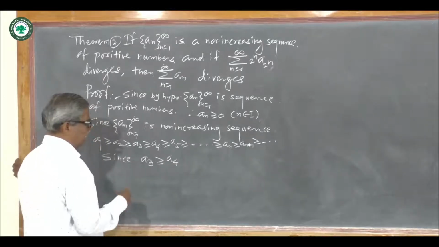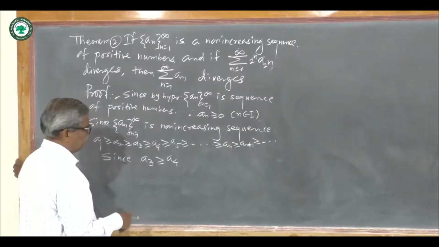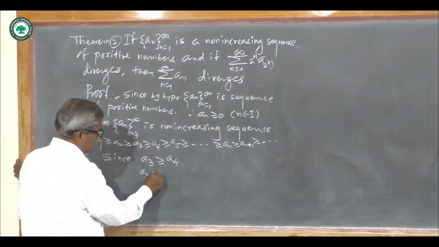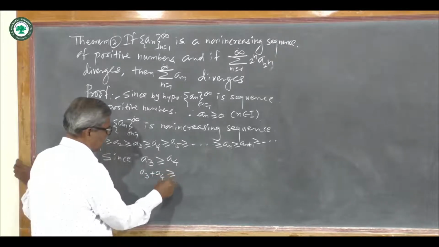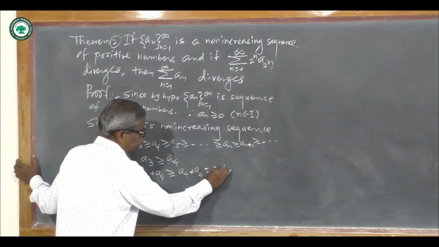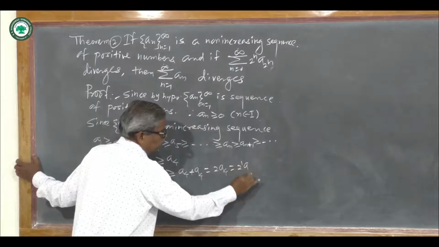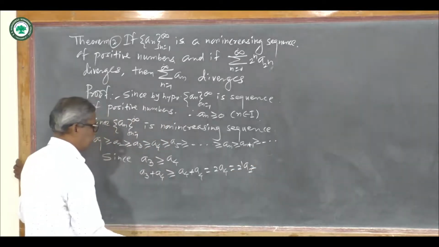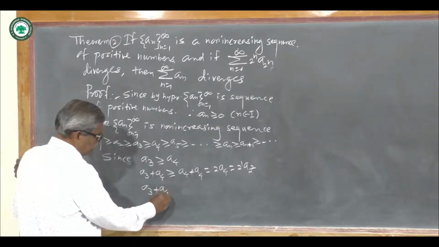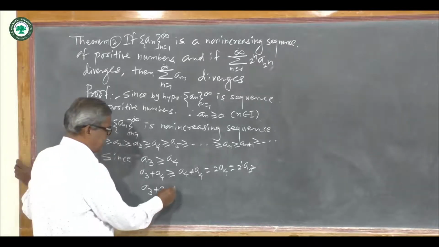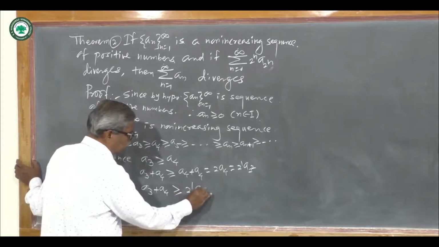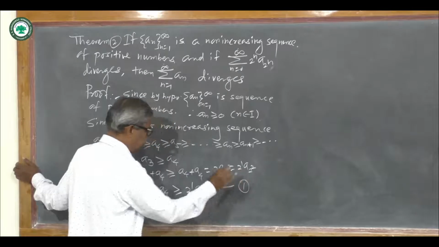Adding a4 on both sides, we obtain a3 plus a4 is greater than or equal to a4 plus a4, which is equal to 2a4, which is equal to 2 raised to 1 into a_(2 raised to 2). So a3 plus a4 is greater than or equal to 2 to the power 1 into a_(2 raised to 2). This is 1.